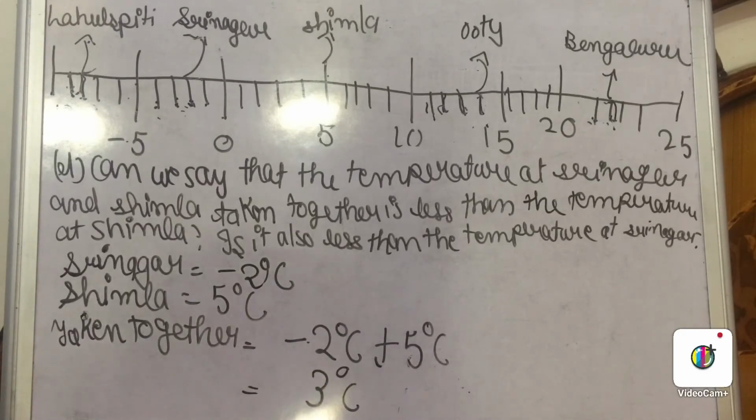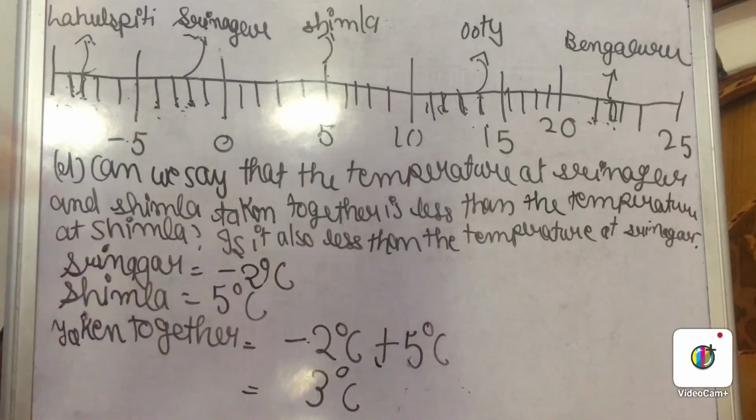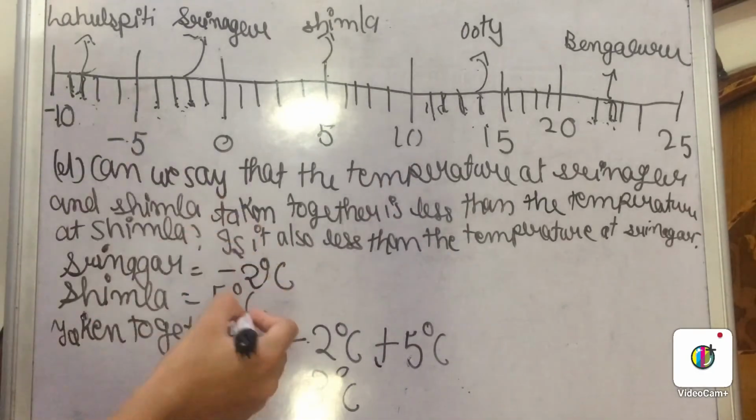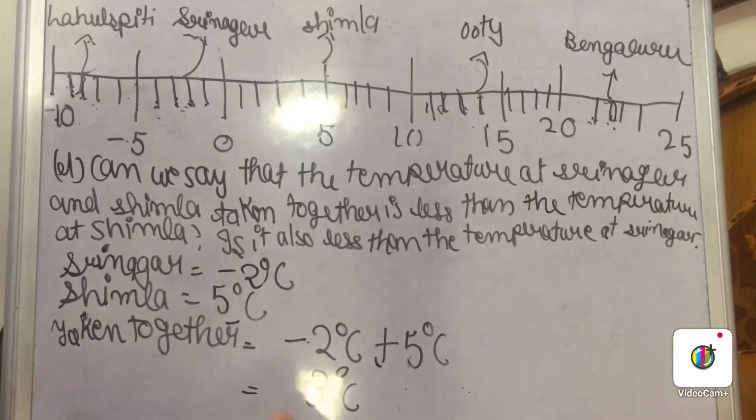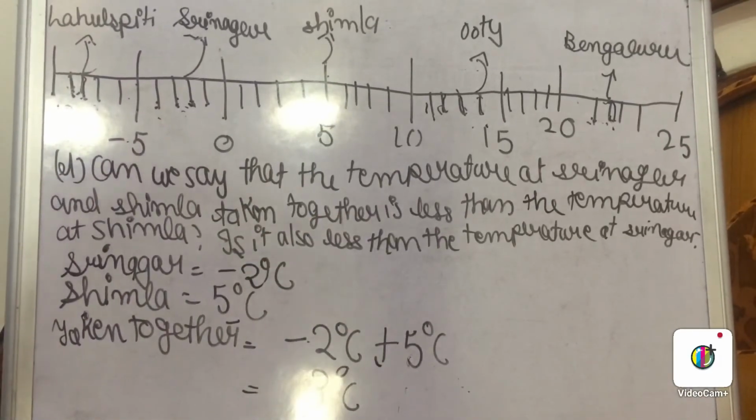Now we have to compare that. Is this less than the temperature at Shimla? What is the temperature at Shimla? 5 degrees Celsius, and this is 3 degrees Celsius. So obviously it is smaller than the temperature at Shimla.